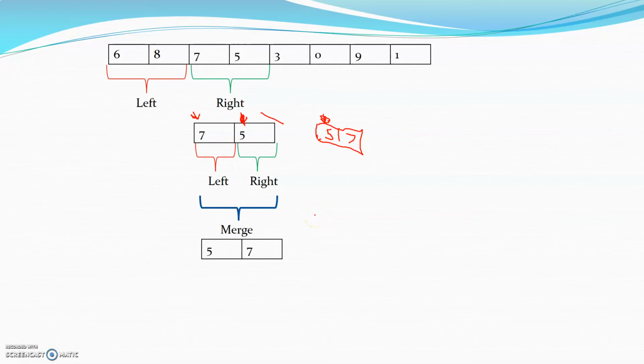And just kind of showing again what we're in is that we're still dealing with the left-hand side. So here, the left part had been sorted, the right part here had been sorted, and now we're ready to do the merge. So this is where this temporary array is going to be created.